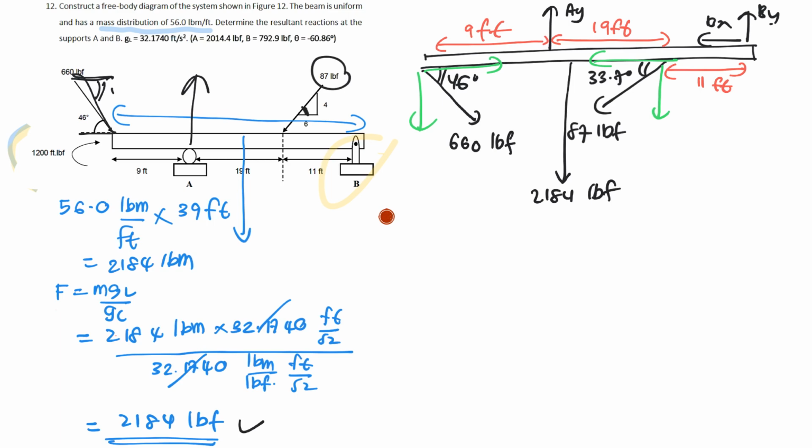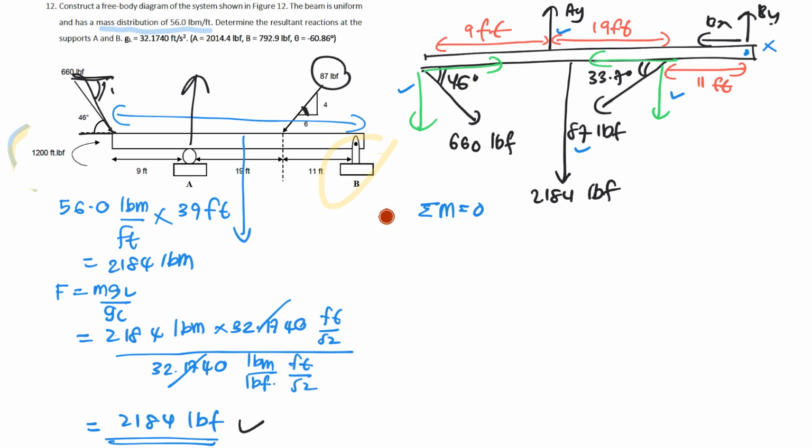Definitely you start with the sum of moment equals 0. This means that at the hinge there will be no moment, so focus only on the forces that are perpendicular. This one, this one, this one, and this one have a moment because the force is perpendicular to the level arm. I start with the 87 first. Is it clockwise or anti-clockwise?